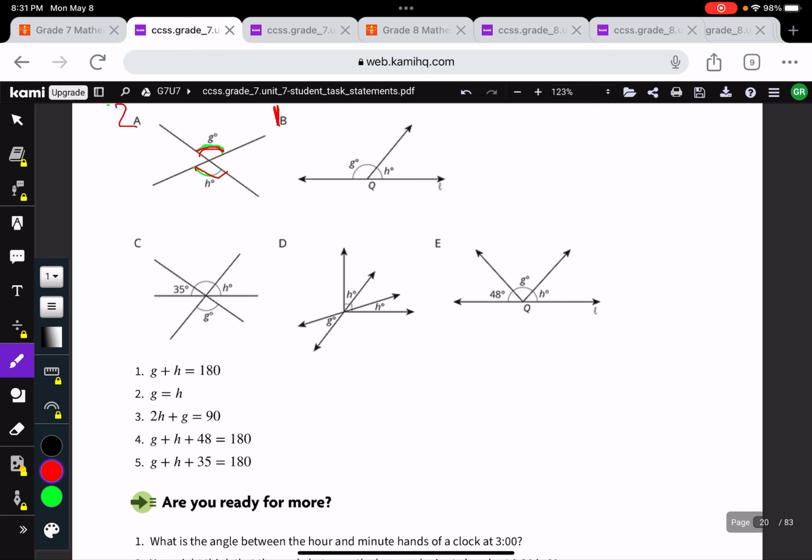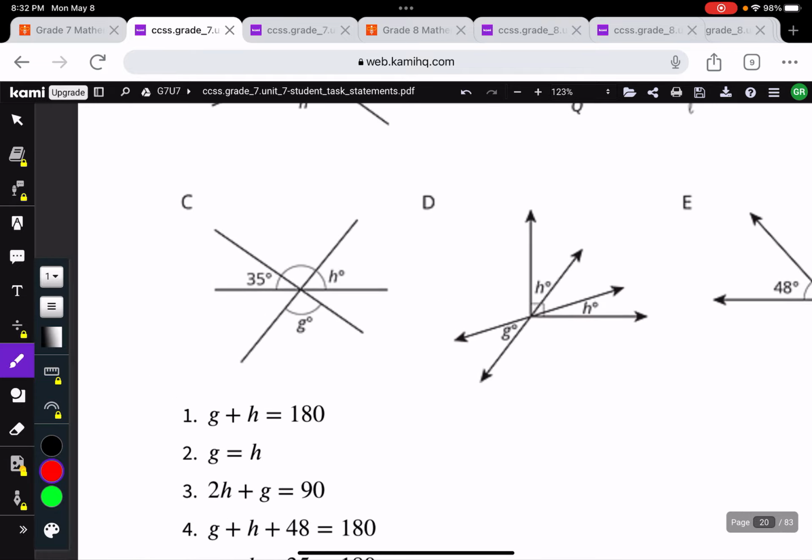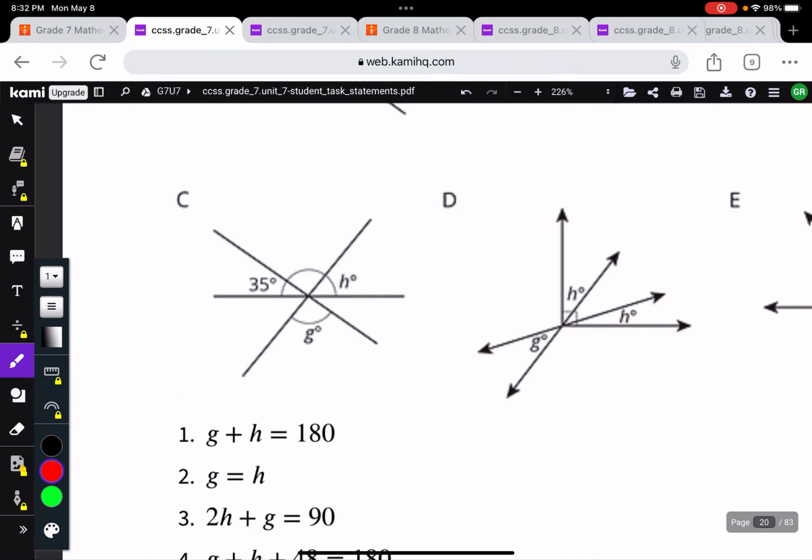Let's do letter C. Oh boy, we got all sorts of stuff going on. I see 35. If that's 35, then this is 35.